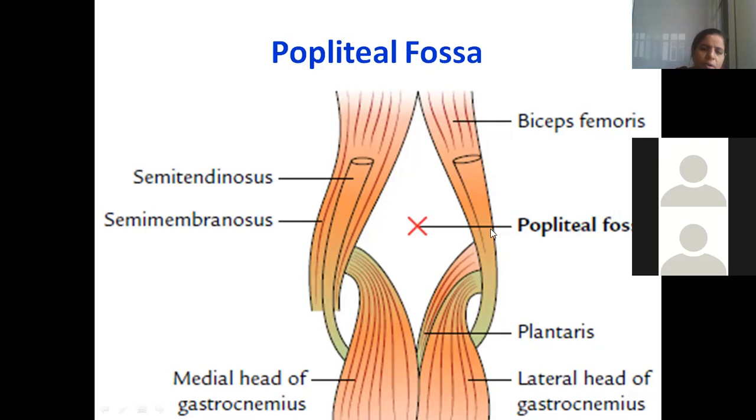So now it looks like a diamond-shaped fossa. Do you remember when we were discussing the femur, I told you the posterior surface of the femur is also called the popliteal surface of the femur, between the medial and lateral supracondylar lines, if you can recollect. That actually forms the floor of the popliteal fossa.